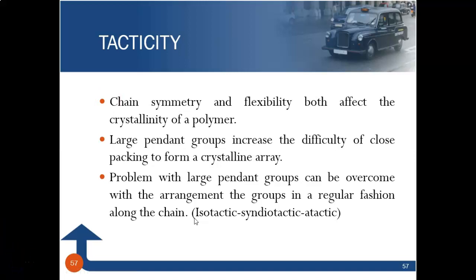In terms of the tacticity, the chain symmetry and flexibility both affect the crystallinity of a polymer. The large pendant group increases the difficulty of close packing to form a crystalline array, and the problem with large pendant group can be overcome with the arrangement of the group in a regular fashion along the chain, which is isotactic, syndiotactic, and atactic.